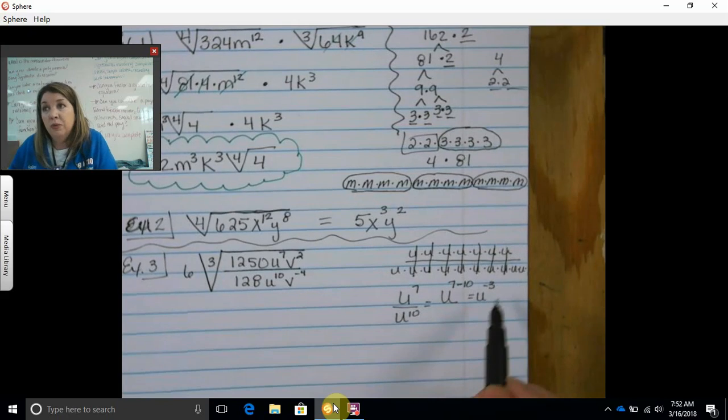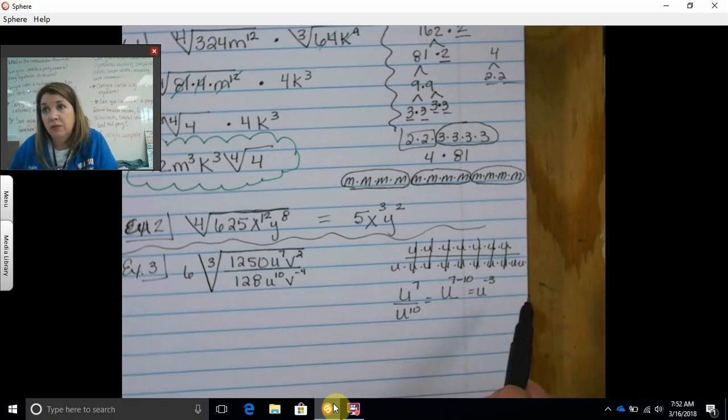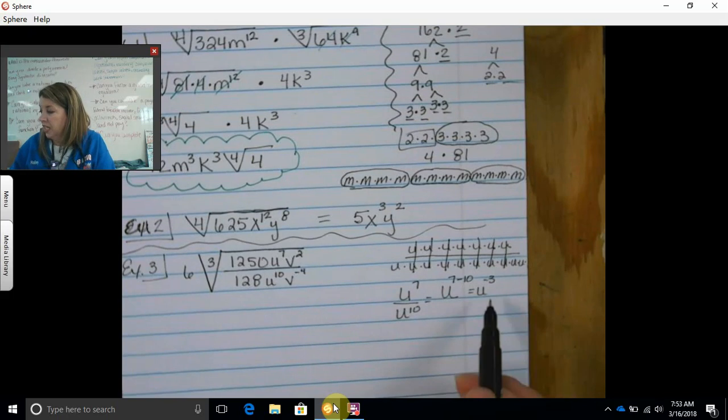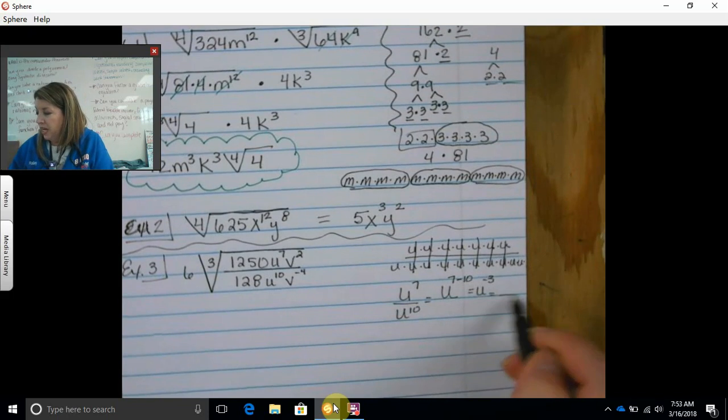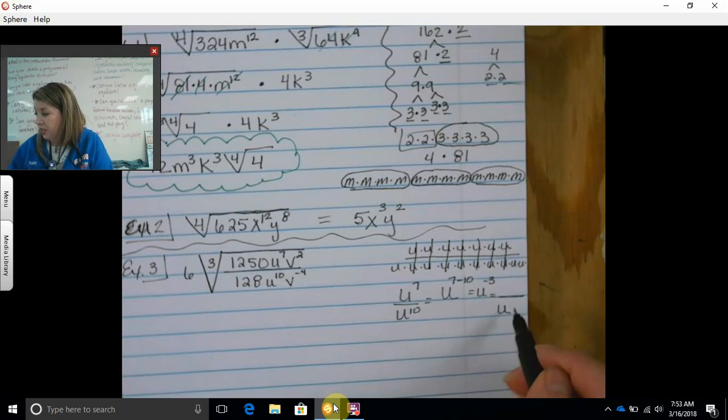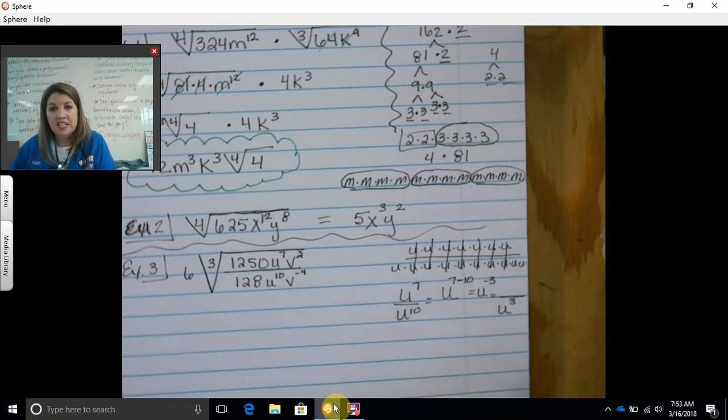Have we worked with negative exponents? A little bit. You don't want a negative exponent. Only if you're doing scientific notation do you want a negative exponent. So the rule says if you have a negative exponent, to get rid of it, just change the location of the base. If it's currently in the numerator and you move it to the denominator, it changes the sign of the exponent. Not the coefficient, but the exponent.